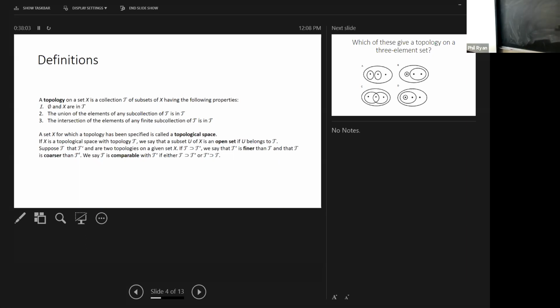As I said, there can be more than one topology on a set. If one topology contains another, so that the collection of open sets is contained within another collection of open sets, hang on.